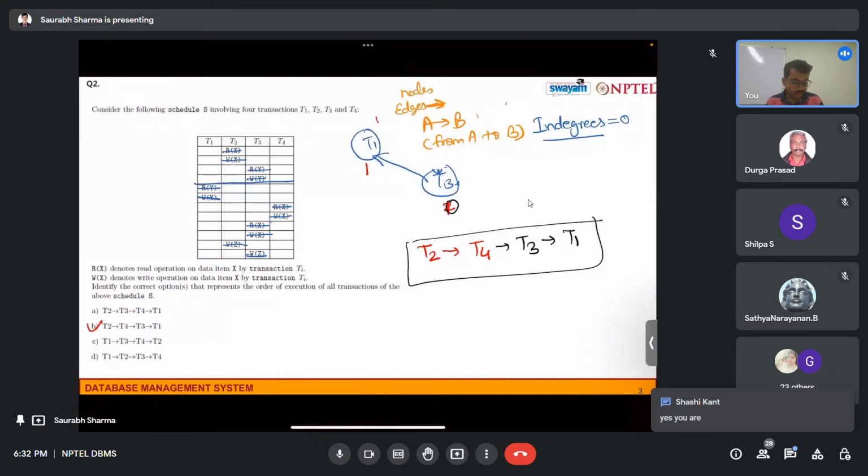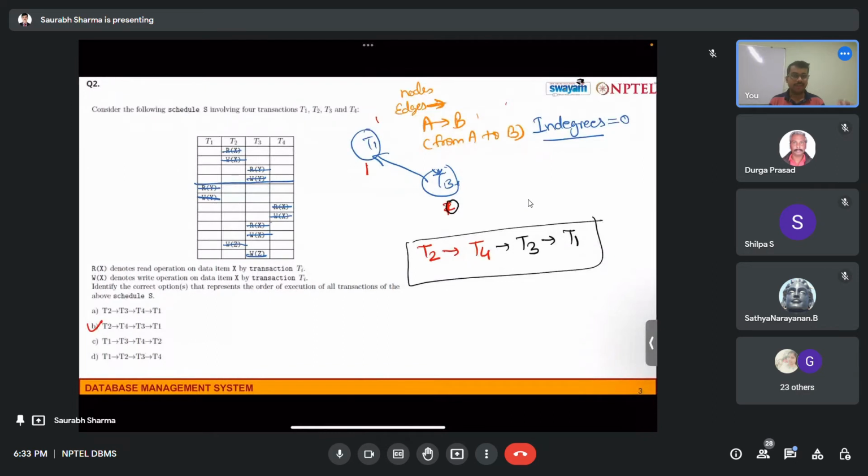Yes. So the example I have taken is if there are two nodes, A and B. If I write from A to B, I will write it like this: A, then arrow, then B. Now here there is out degree and in degree. The out degree of a node is the number of edges outgoing.